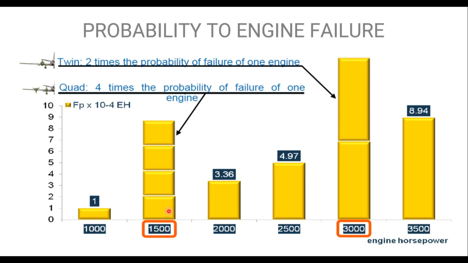So basically we say here that the more engines you get, the better failure rate you get per total number of engines installed. Again, per total number of engines installed, okay?